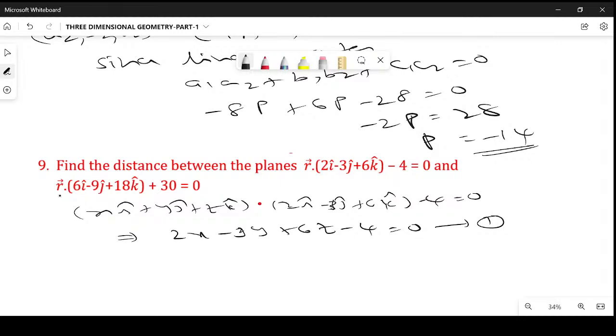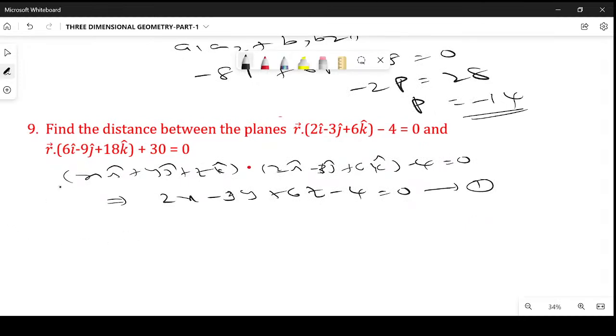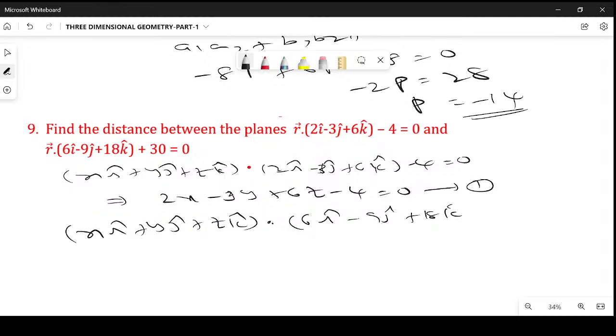Take another one. Similarly, if you take the other, I can write xi cap plus yj cap plus zk cap dot 6i cap minus 9j cap plus 18k cap, minus 30 equal to 0.